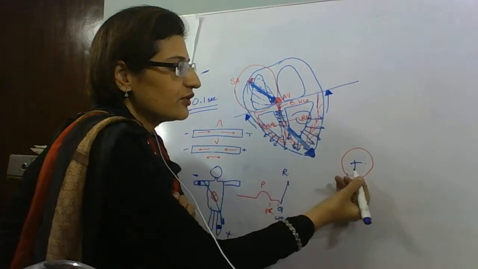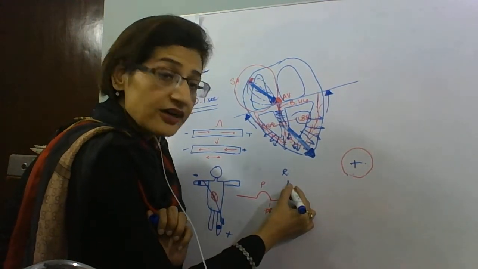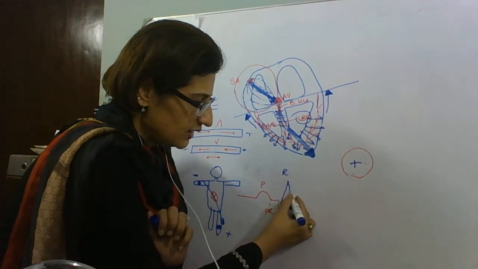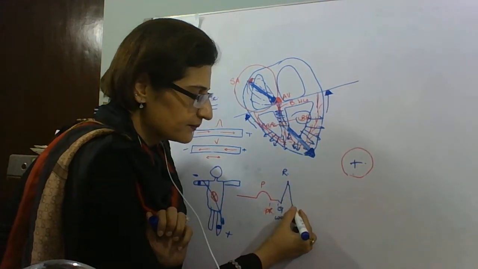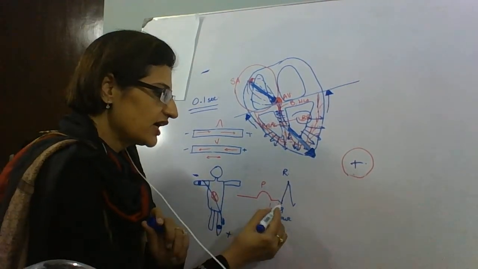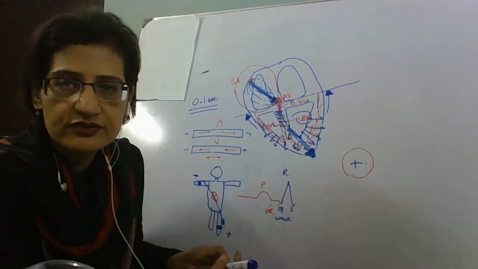So looking from the positive eye, what would we see? Something going away from the positive electrode, and that will always come as the negative deflection, right? So that accounts for what we call the S wave.